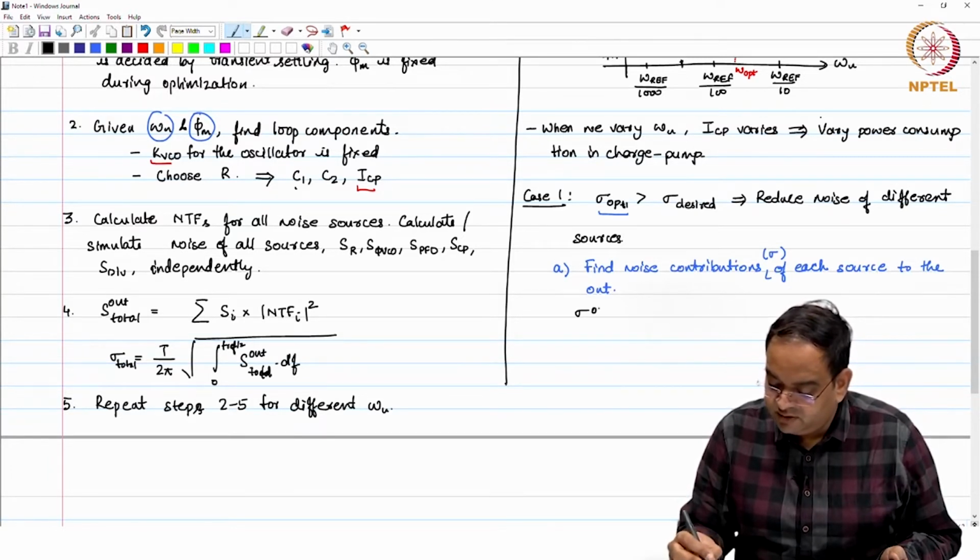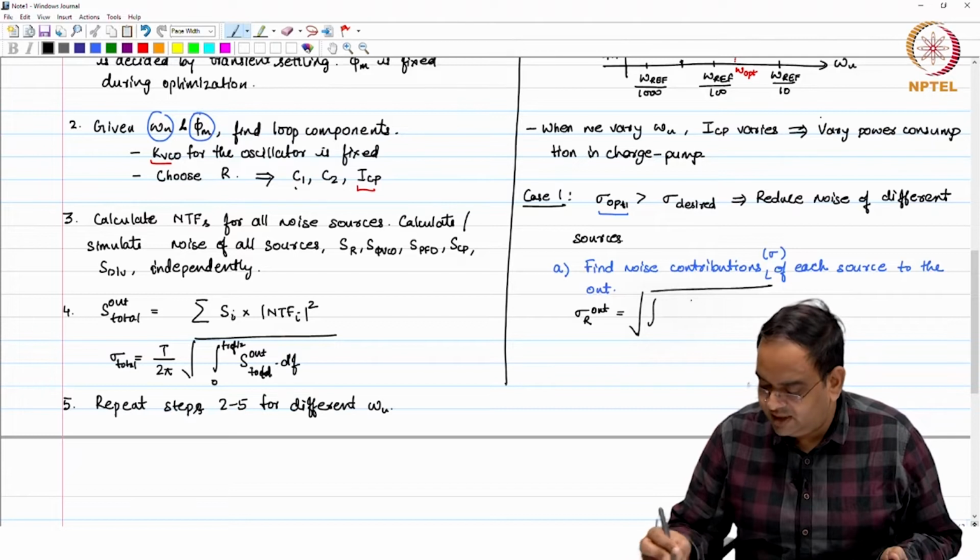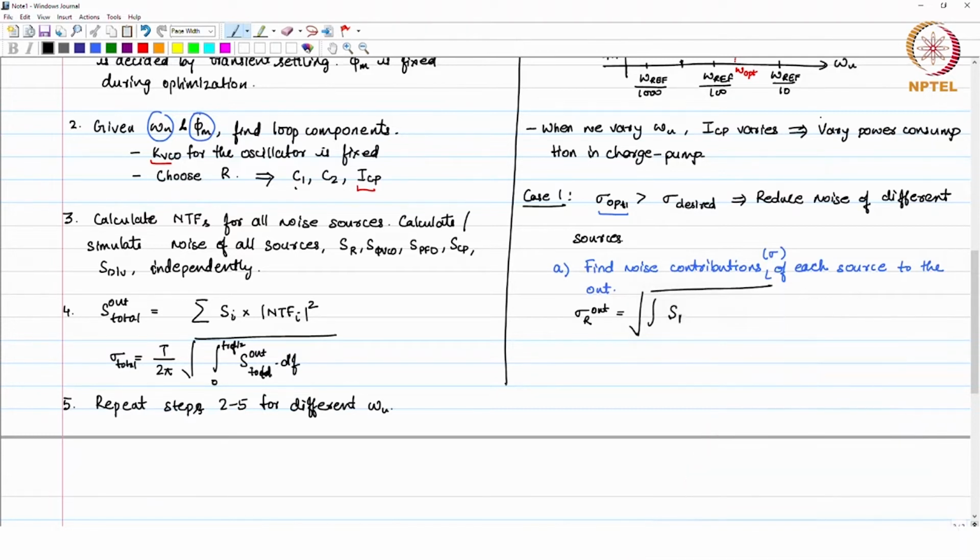If I call this sigma out due to R, it is going to be the square root of, just an example, the integral of S of R times NTF of R whole square df from 0 to ref by 2, times T by 2 pi. This is the jitter contribution by the resistor to the output. Similarly, I am going to find sigma VCO to the output, sigma R to the output, and sigma charge pump to the output, for all the components.